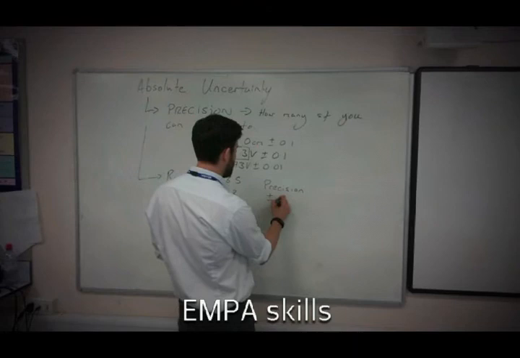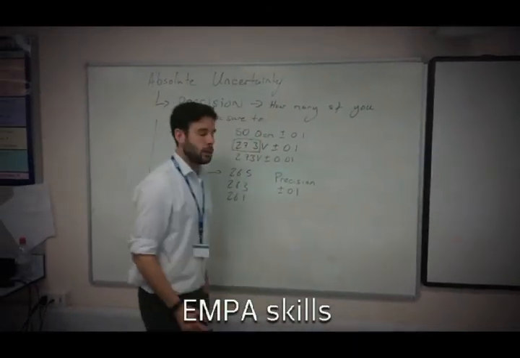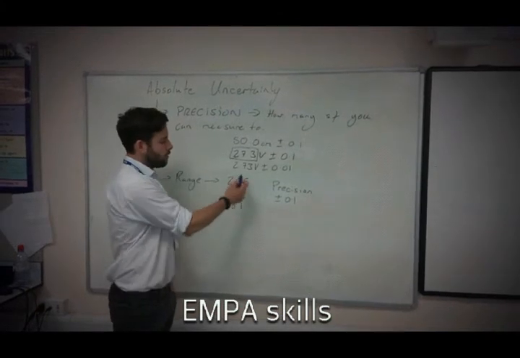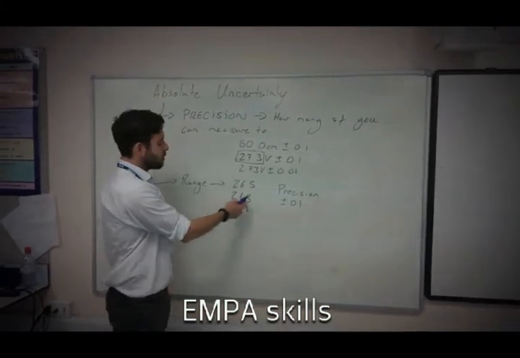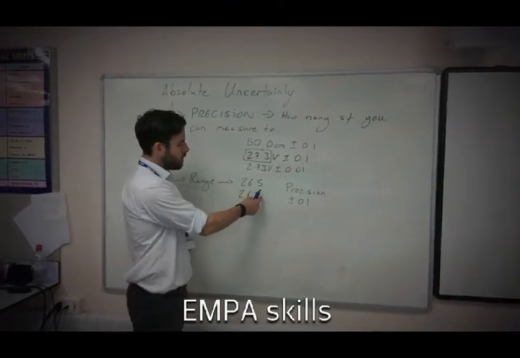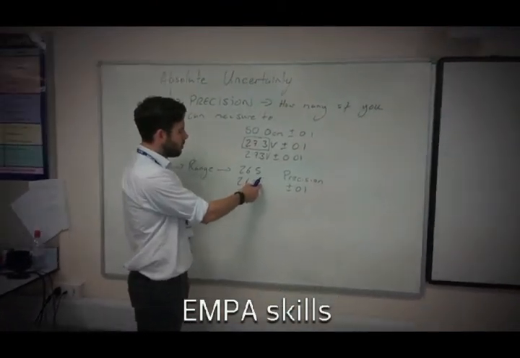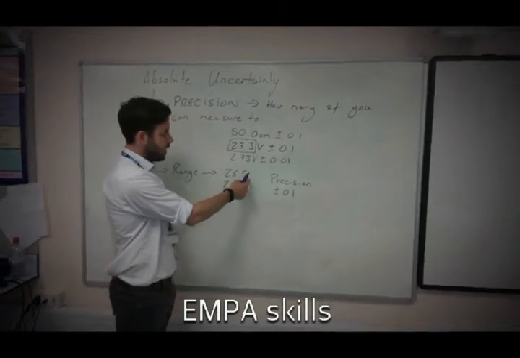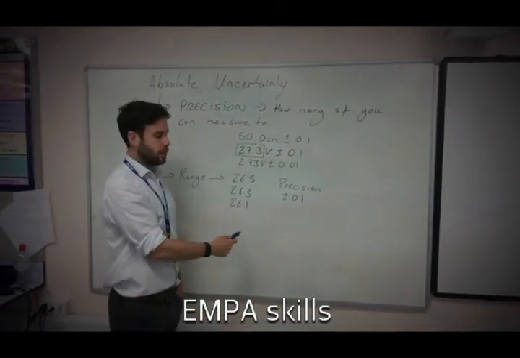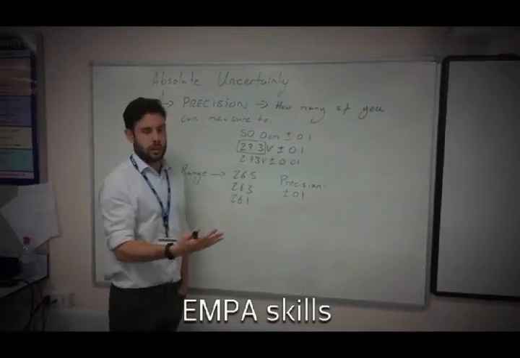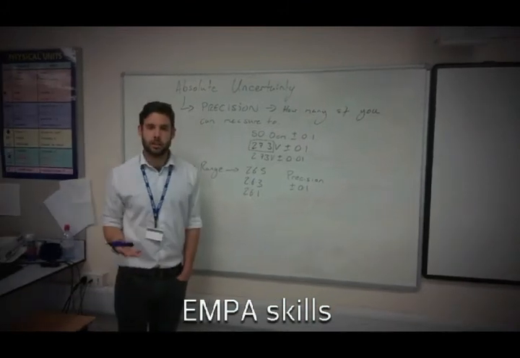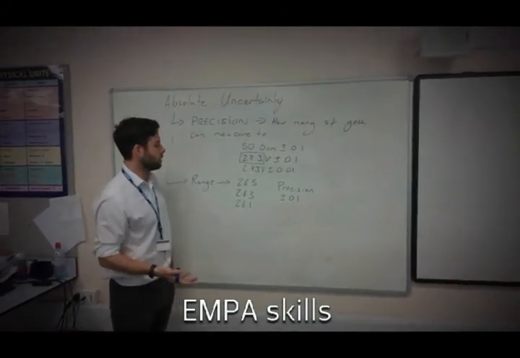So the precision would be plus or minus 0.1. But if we plus or minus 0.1 off our average, which is 26.3, then our uncertainty would only take us up to 26.4 and down to 26.2, which doesn't represent the full range of our data. So we're going to let our range determine it. What that basically says is the precision of our equipment isn't our largest uncertainty, which is quite nice to know.